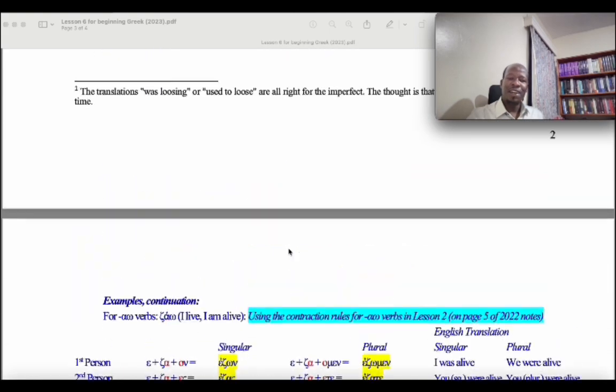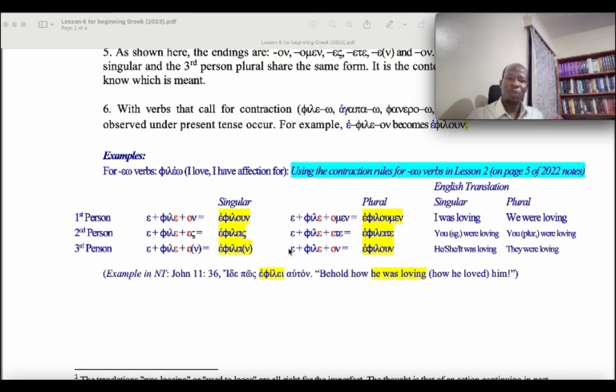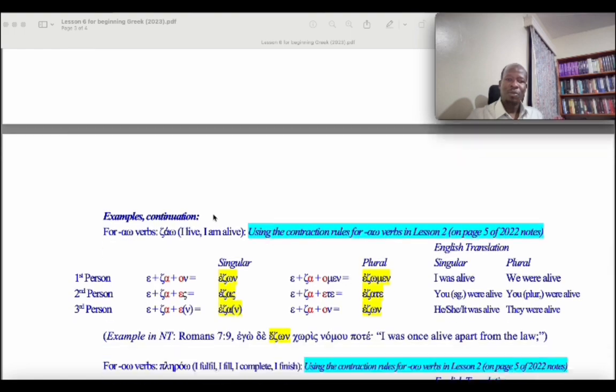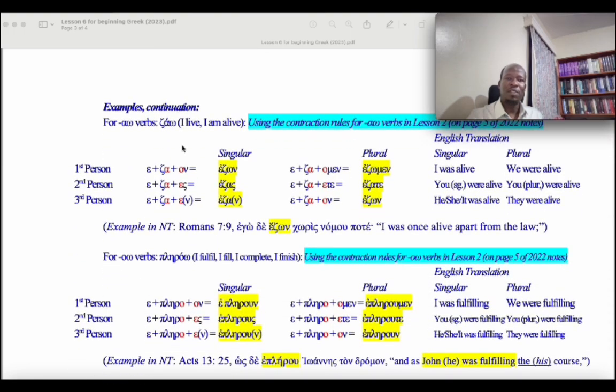What we just saw has to do with verbs whose stems end with an epsilon. Now, how about when the stem ends with an alpha? We have another rule for contraction.